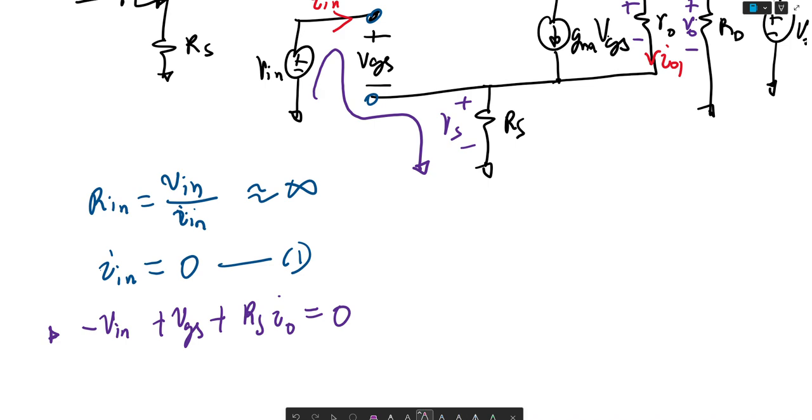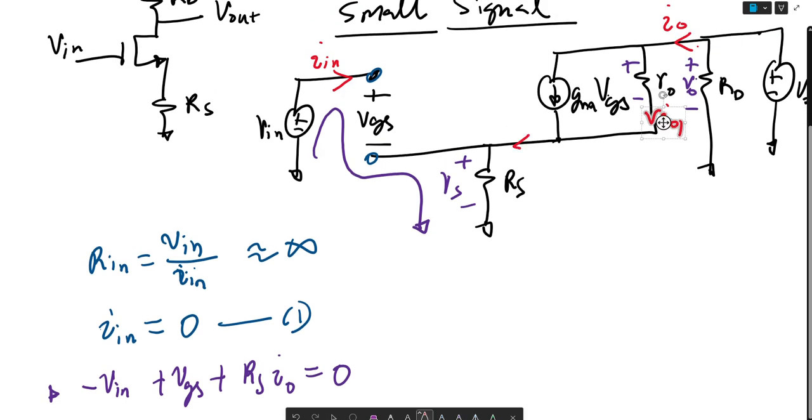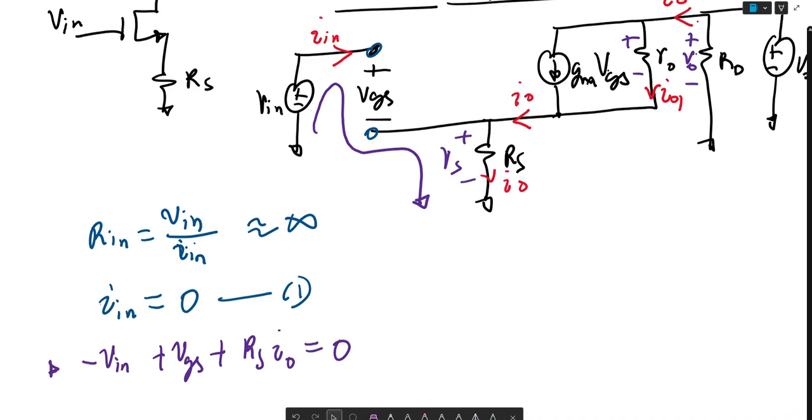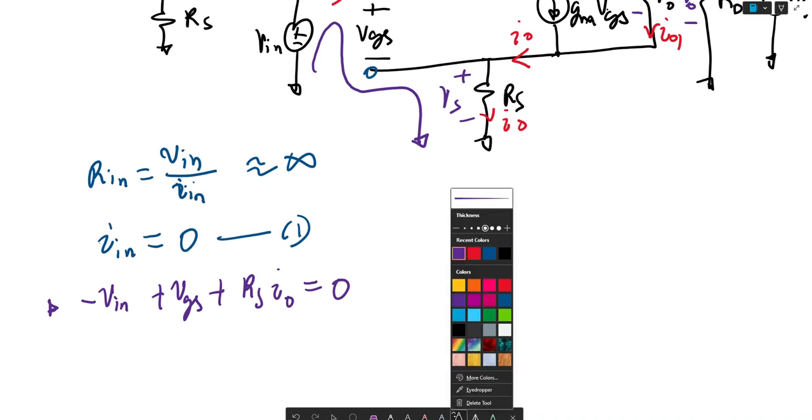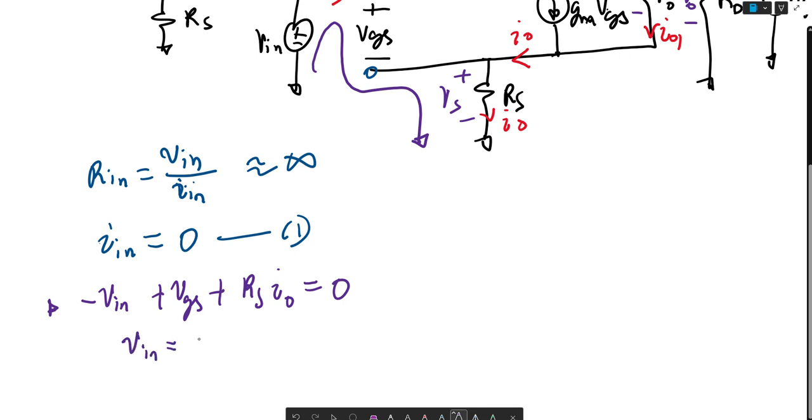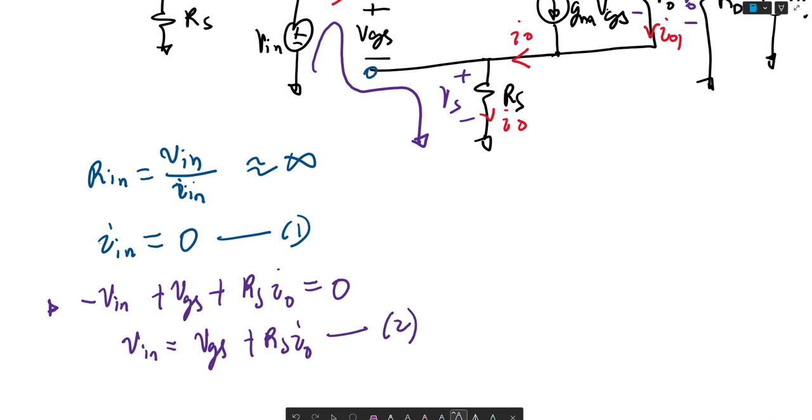And again, that IO is coming back from here. This is IO. And we then see that Vin is equal to VGS plus RS IO. And this is the second equation.